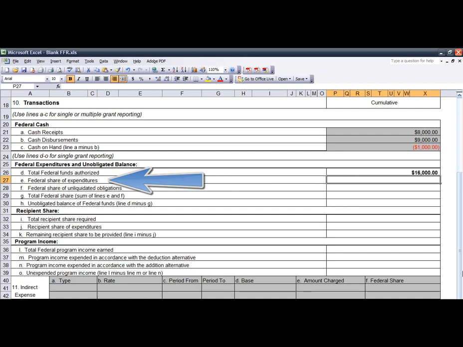For reports that are prepared on a cash basis, expenditures are the sum of cash disbursements, the amount of indirect expense charged, the value of third-party in-kind contributions applied, and the amount of cash advance payments and payments made to subrecipients.